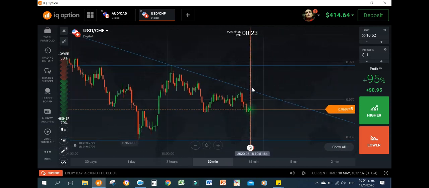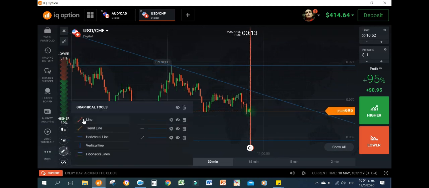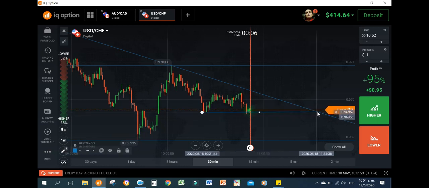Okay, let's check. We will wait for an entry at this level, on this point, and also we can place another level here on this lower low.